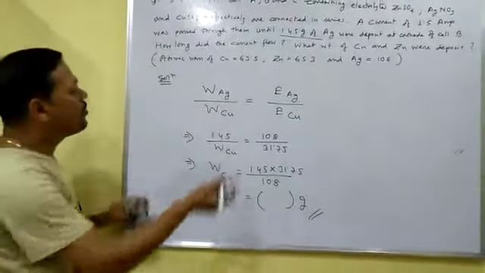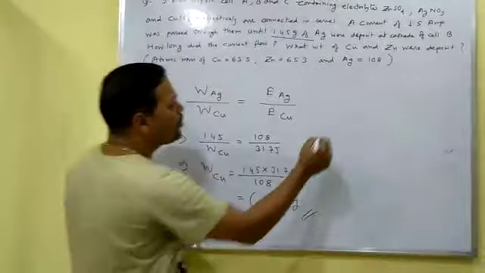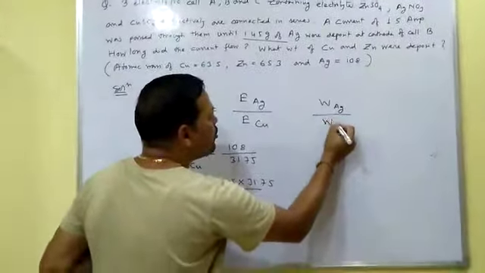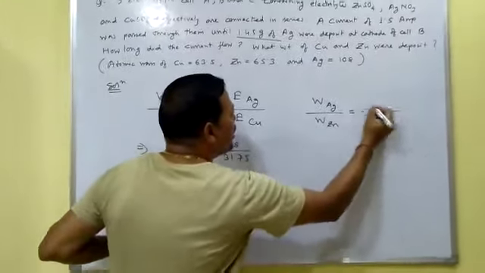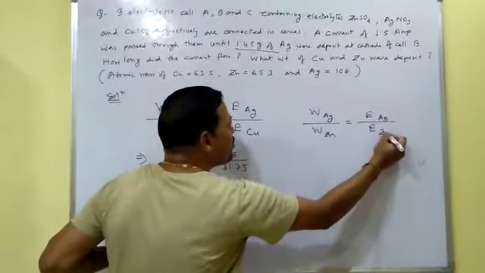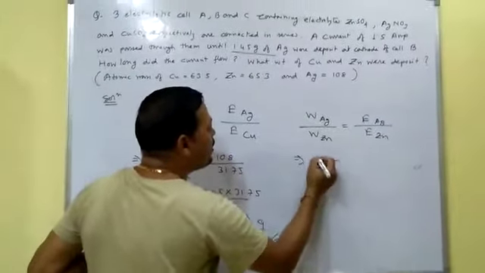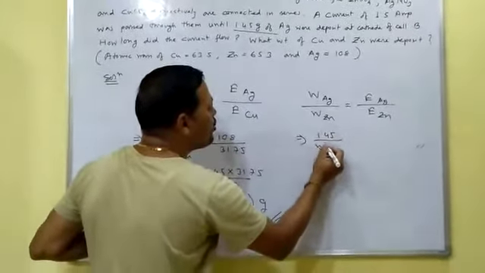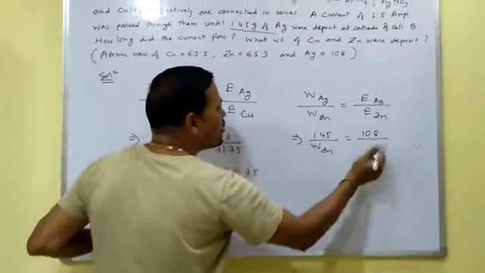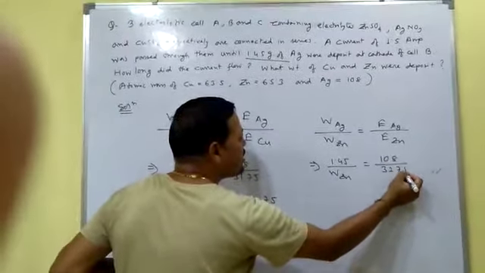Similarly, you can apply it for zinc also. Weight of silver divided by weight of zinc is equal to equivalent mass of silver divided by equivalent mass of zinc. So the weight of silver is 1.45, the weight of zinc you have to find out, equivalent mass of silver is 108 and of zinc is 32.75.